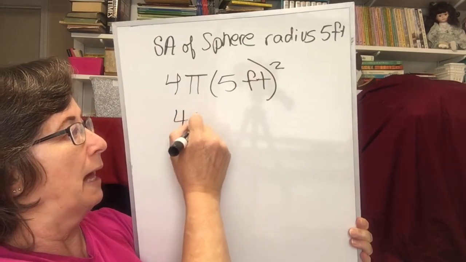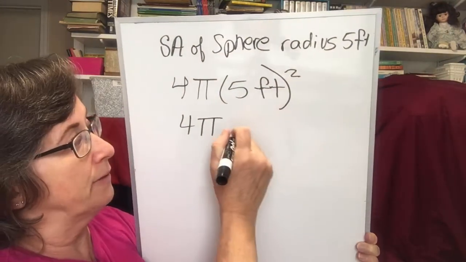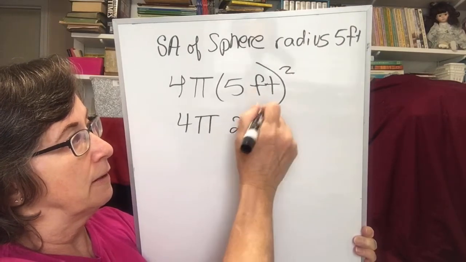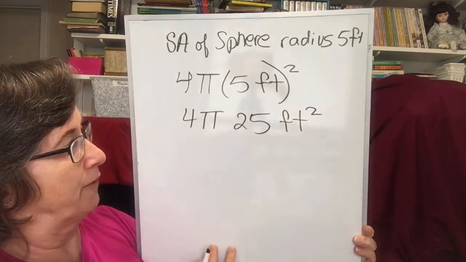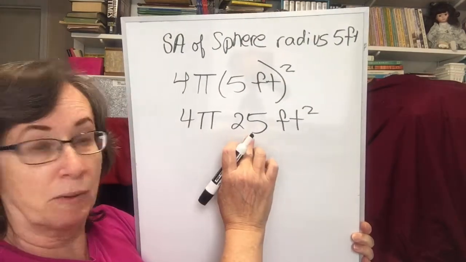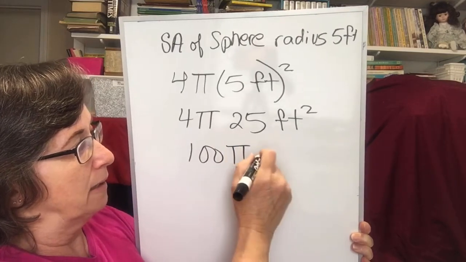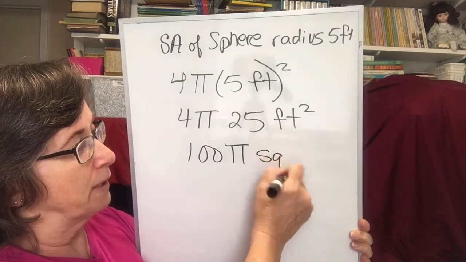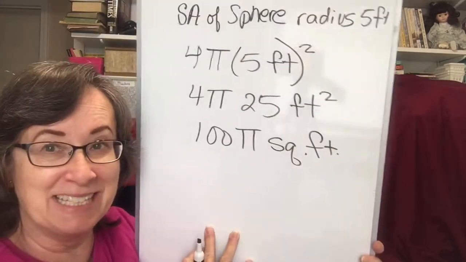4 pi, 5 squared is 25 foot squared, or square feet. 4 times 25 is 100 pi square feet. We can go ahead and write square feet here. Now, we have an easy one, don't we?